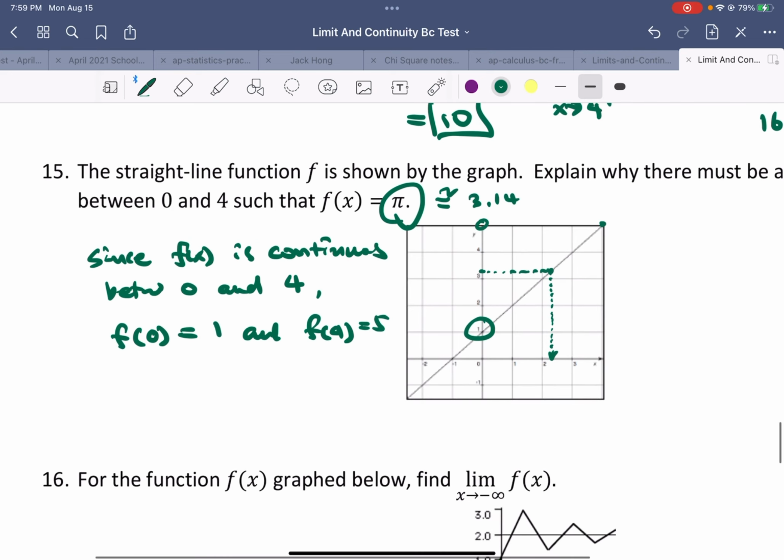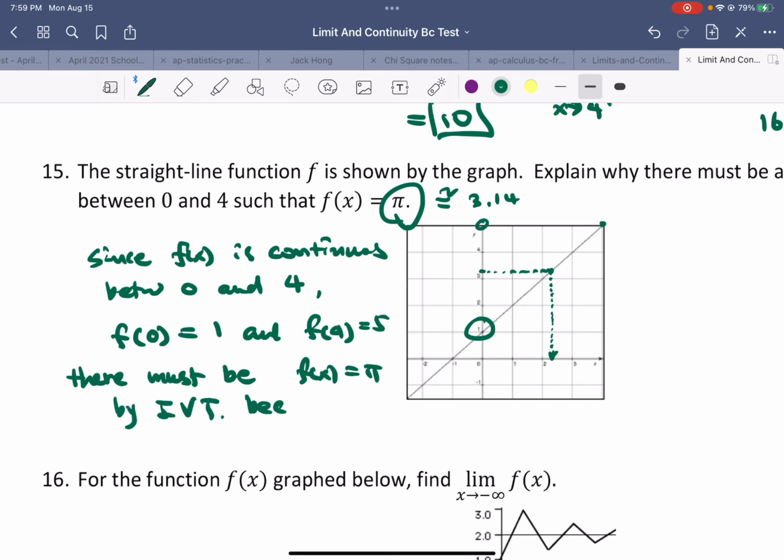So you can say f of x equals pi by the intermediate value theorem, because your y value, pi, is between 1 and 5, okay?